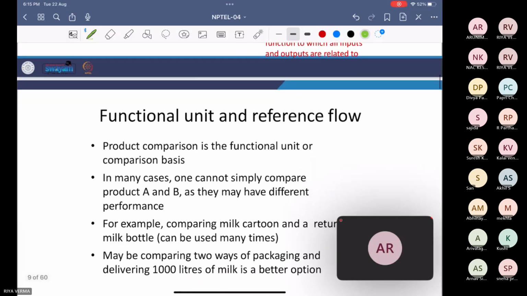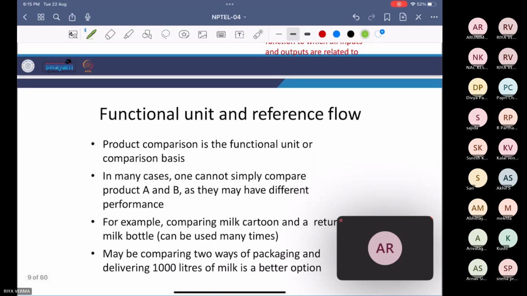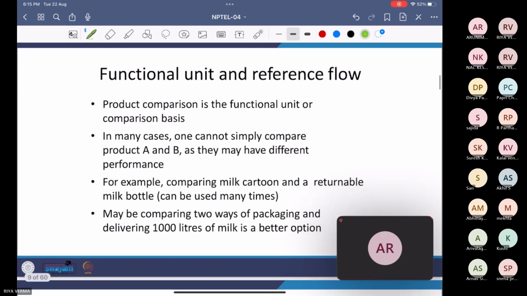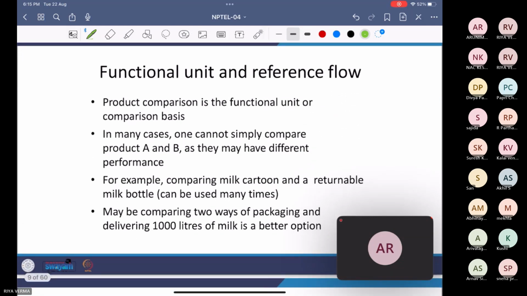So basically, functional unit and reference flow. What is the basis to compare two products? We need to have a certain common ground on which we are comparing both the products. So the product comparison basis is the functional unit. In many cases, one cannot simply compare products A and B as they may have different performance.